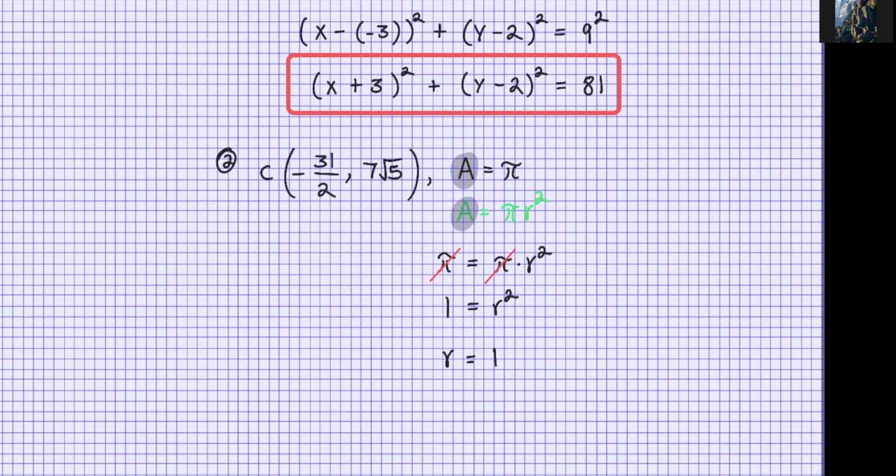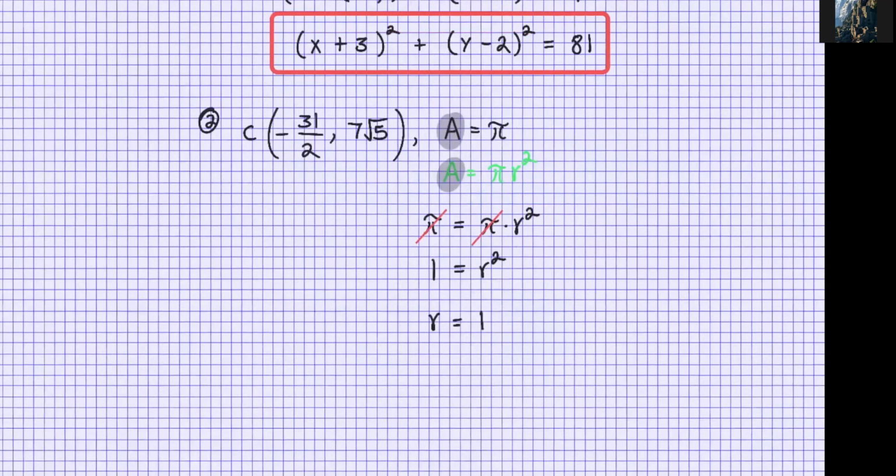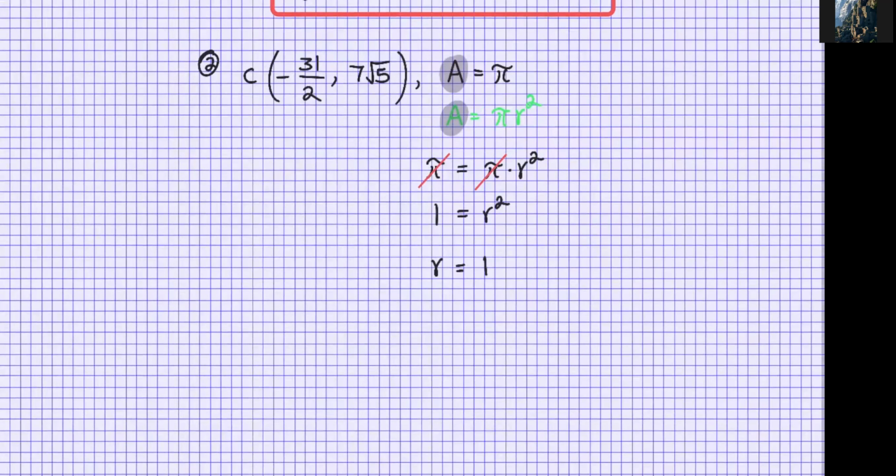So now we have the coordinates for the center and the radius. So we can substitute. It'll be x minus -31/2 squared, plus y minus 7 times the square root of 5, this will be squared, and this equals a radius that is 1 squared.